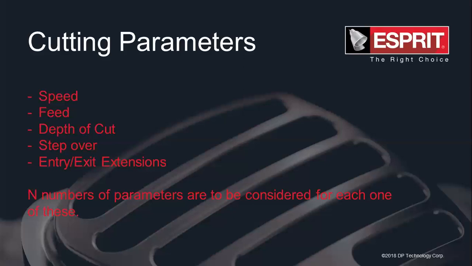We should know where the tool will enter and, after the operation, where the tool will exit. Those parameters we have to feed in various CAM softwares. So these 5 are the cutting parameters that we should know during machining. And step over and entry and exit parameters play a vital role among the various cutting parameters, and n number of parameters have to be considered for each one of these.